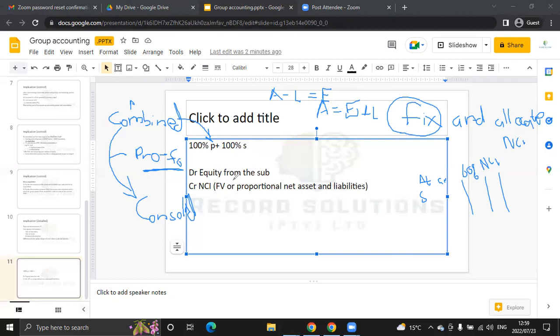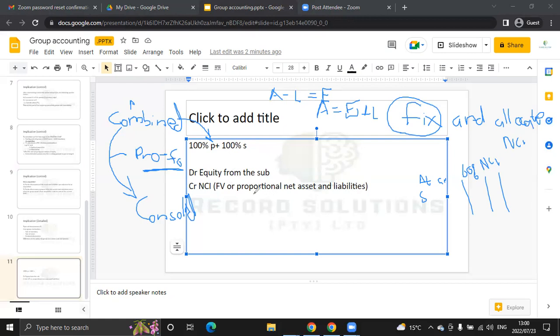So you can literally go and calculate, basically take the fair value of the assets minus the fair value of the liabilities, or you can just take the equity. It's the same amount that you're going to get, because assets minus liabilities equals equity. So I suggest you use just this amount that you got. Just accumulate all of that equity that you have, add it up together, then you have these net assets and liabilities.